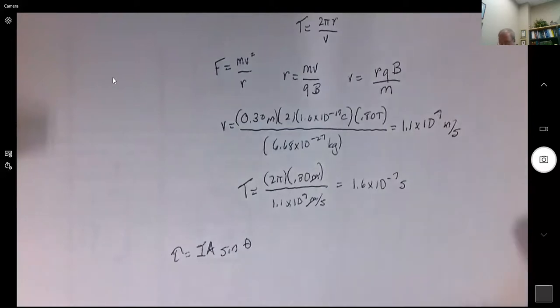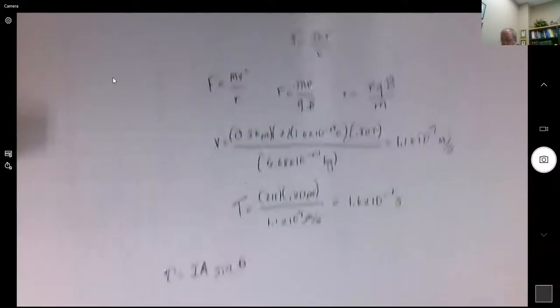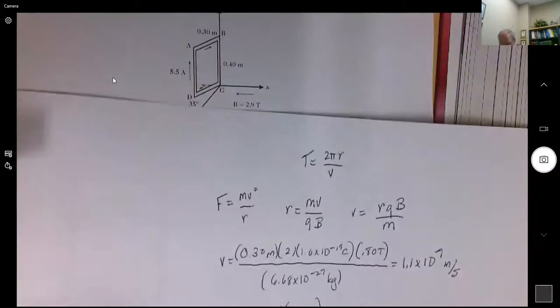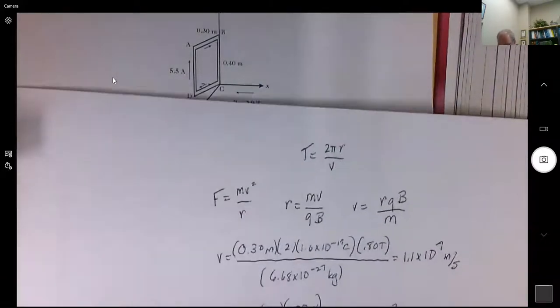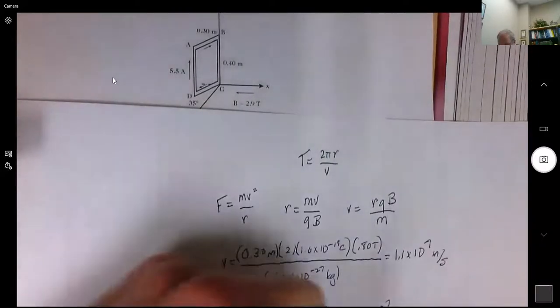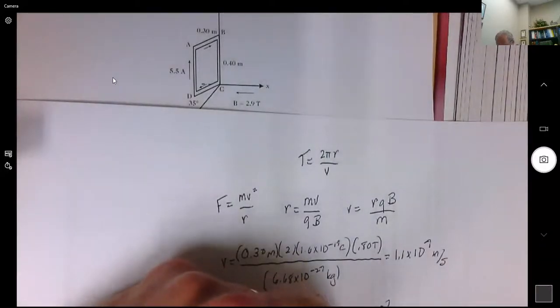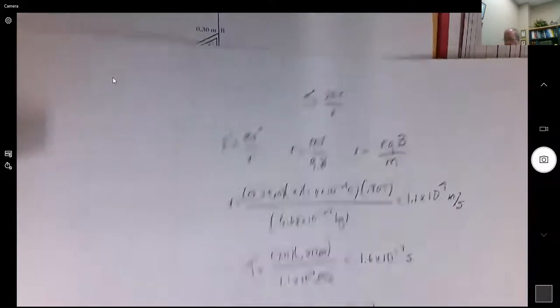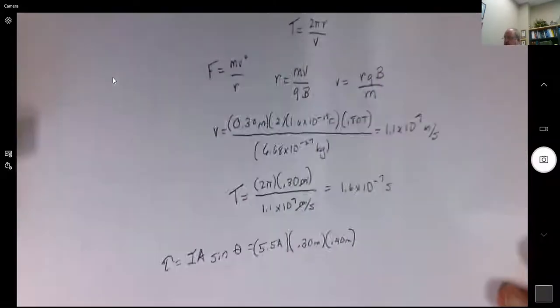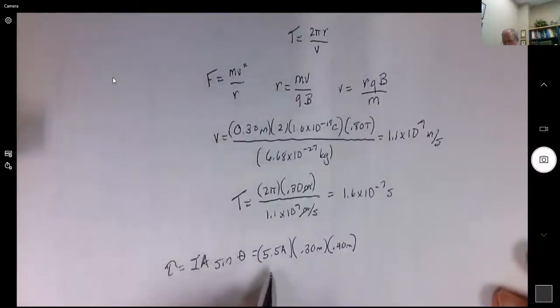So in this instance, we know our current, that's 5.5 amps. We know our cross-sectional area, that's just 0.3 meters times 0.4 meters. Let's show this way down on the page. So I have my current, and I have my cross-sectional area here.